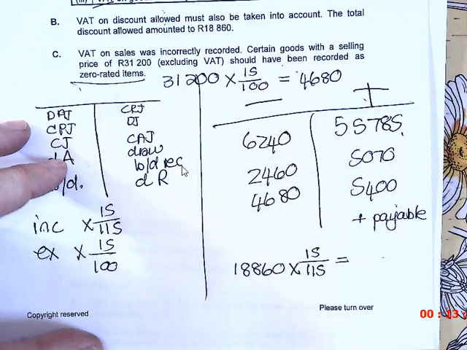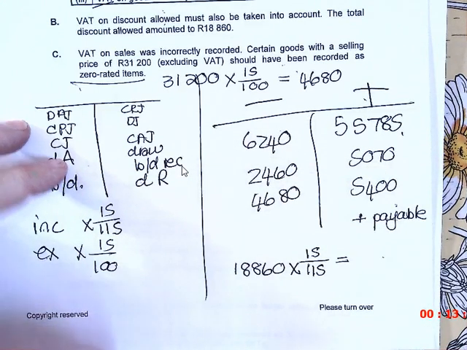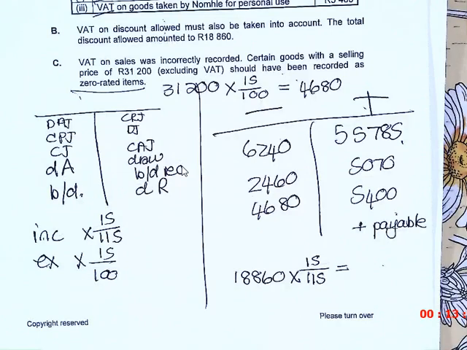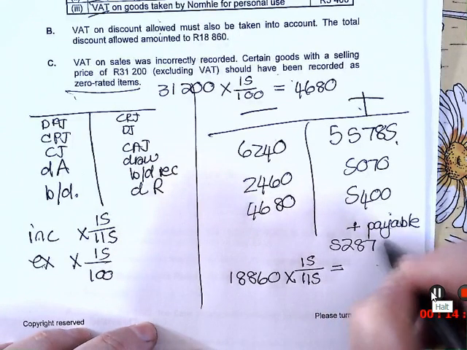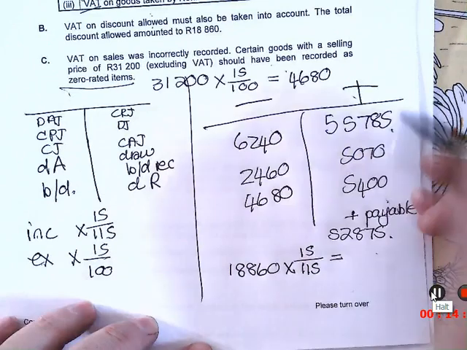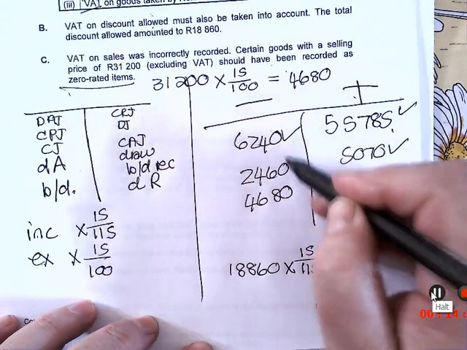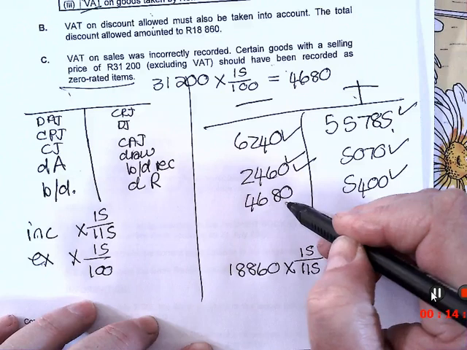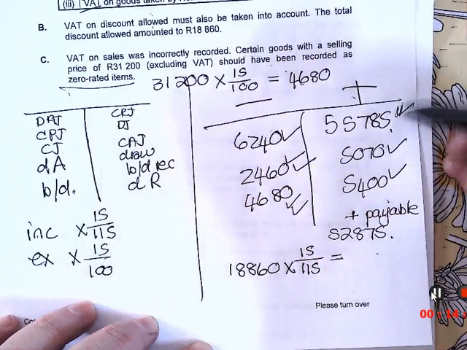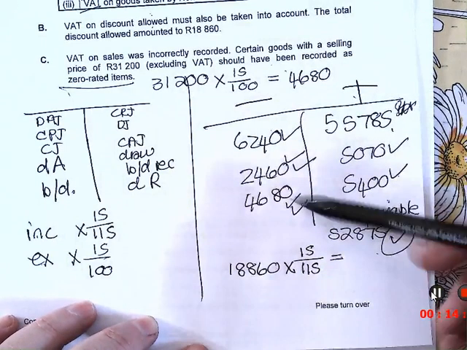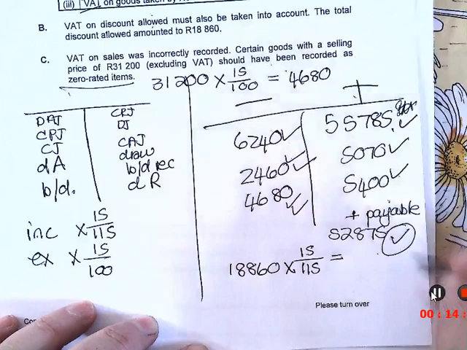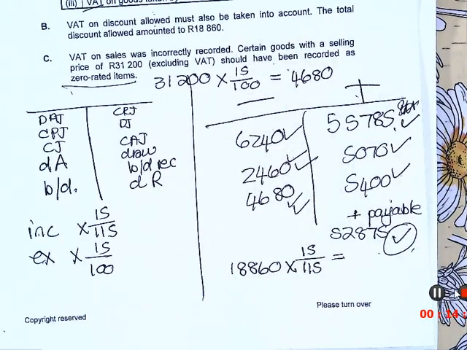And how much is payable to SARS? Come on, what is it? 52,875. 9 marks.